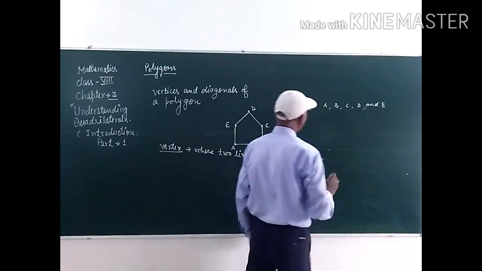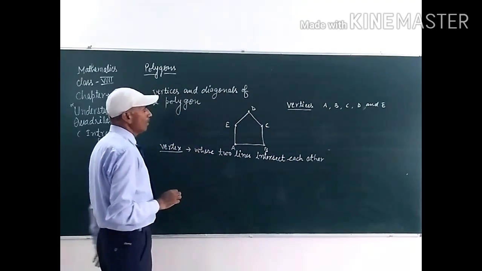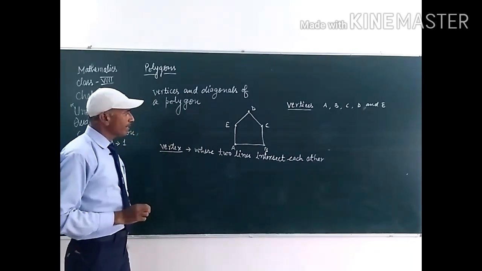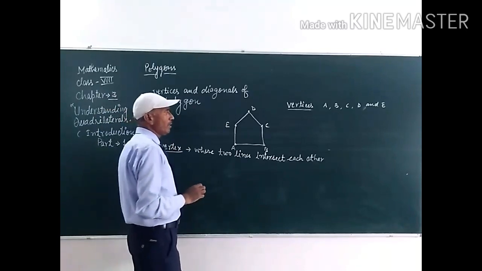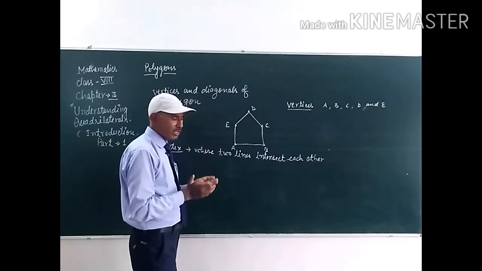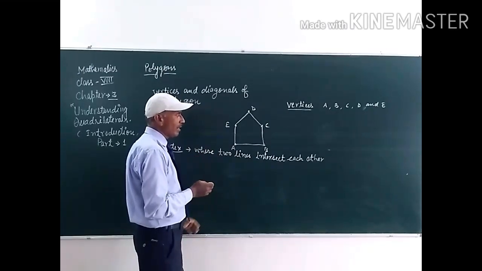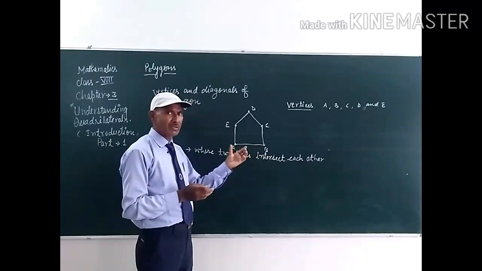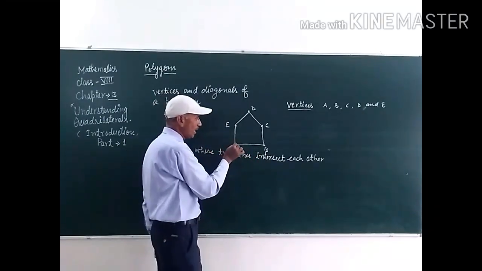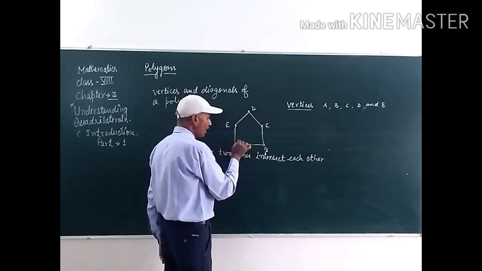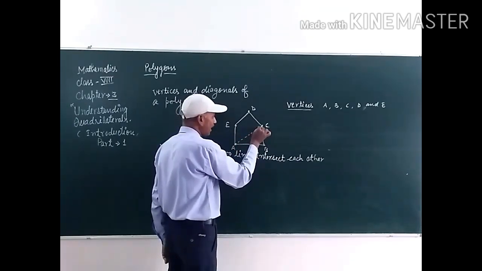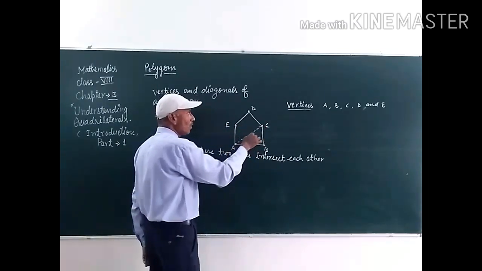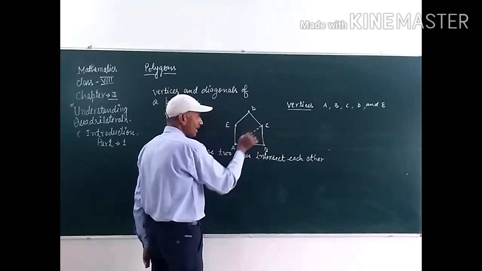These are vertices, student. And again we will understand diagonals of a polygon. Diagonals means, student, when two non-consecutive points join each other. Non-consecutive means points that do not come one after another, that come with a gap. This one A, B, C. When we join A and C, they are non-consecutive vertices, so this one is a diagonal.